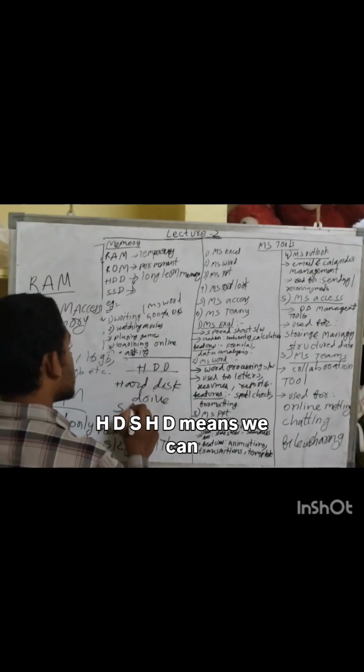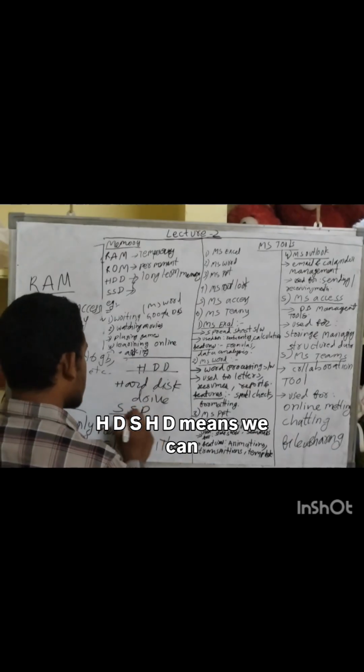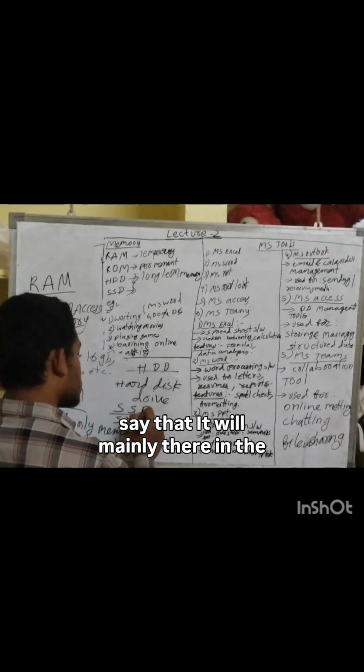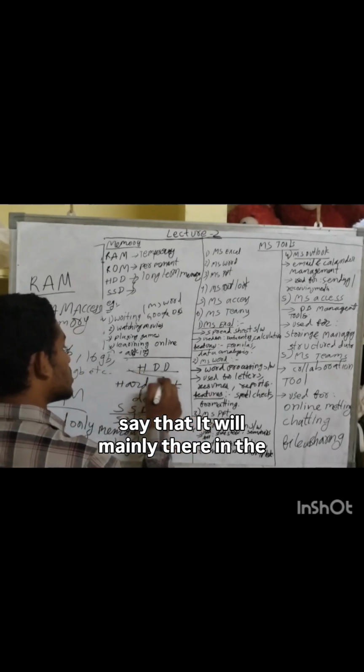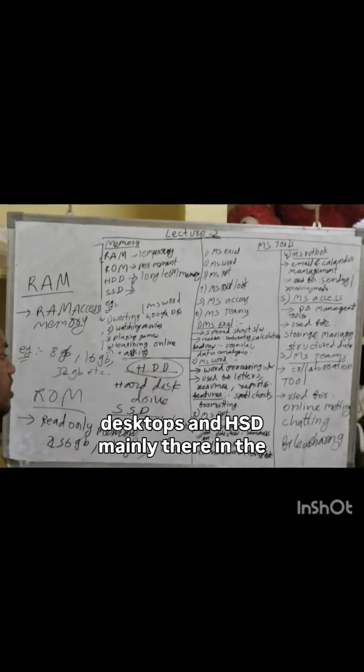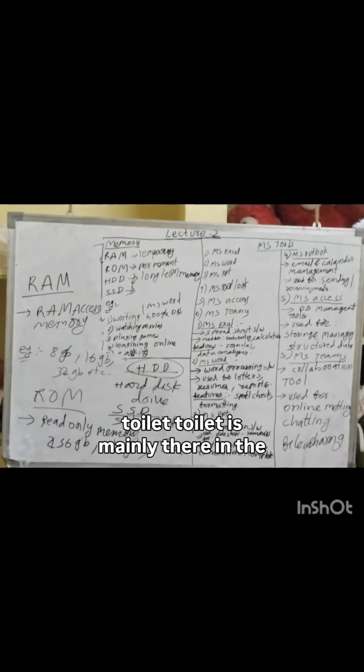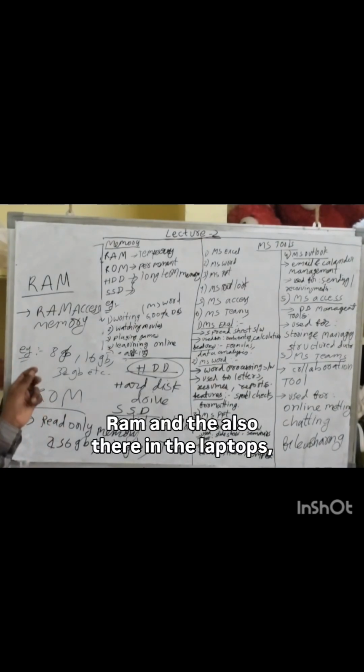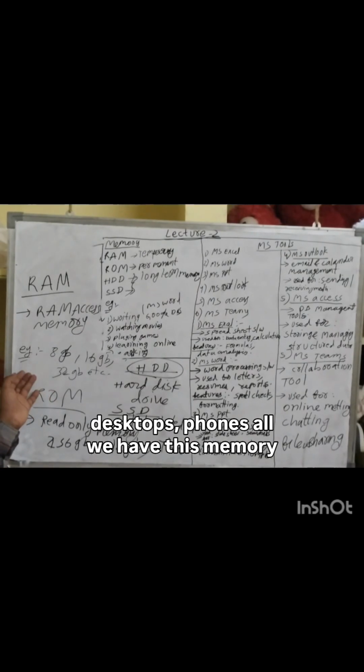SSD means solid state drive. HDD is mainly in desktops, and SSD is mainly in laptops. RAM and ROM are in laptops, desktops, phones. All have this memory.